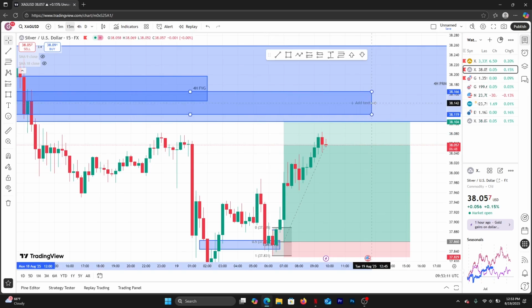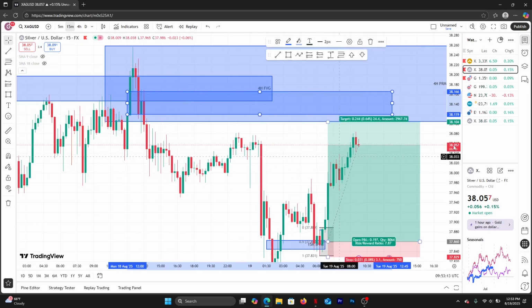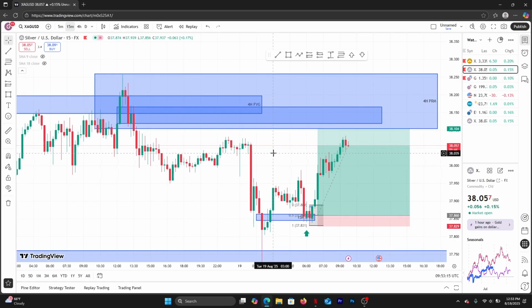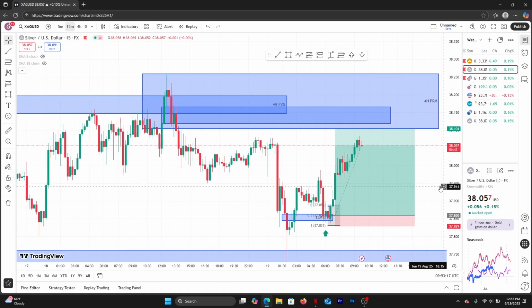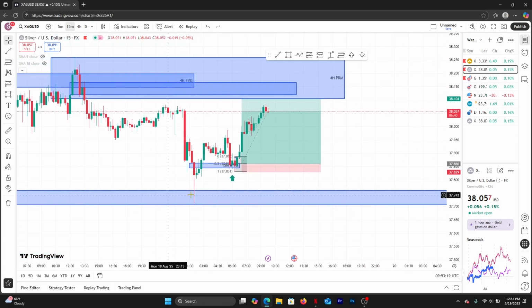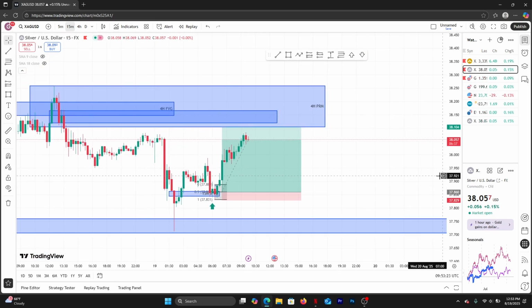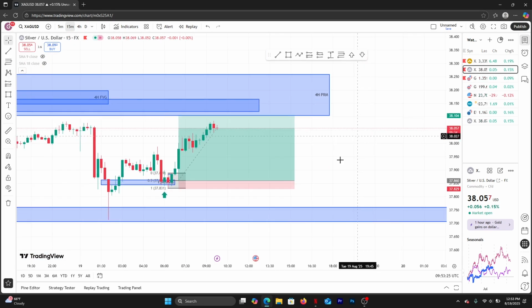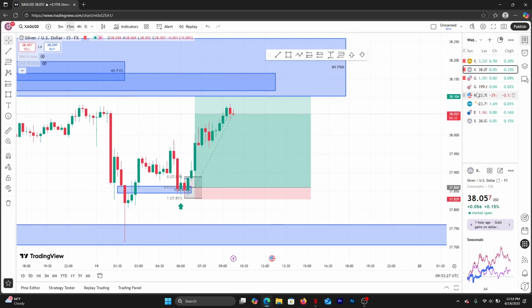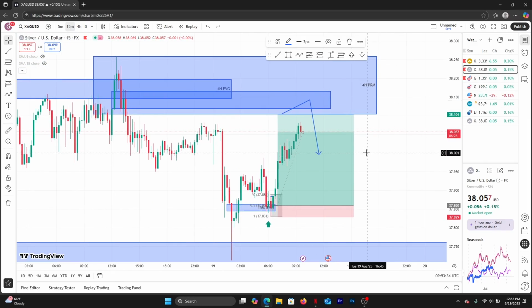If price gives a reaction off this area, giving us a 15-minute dealing range, we'll take an entry to go lower and clear these lows, and probably will have a bearish day. So that is it for XAUUSD.